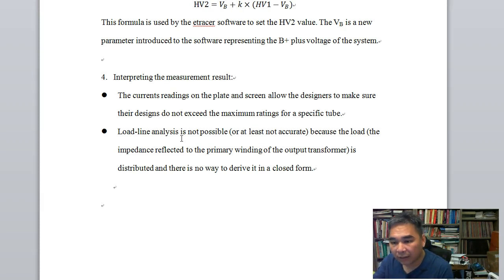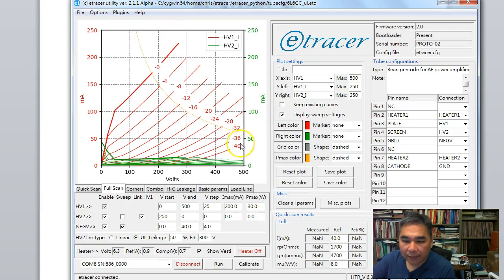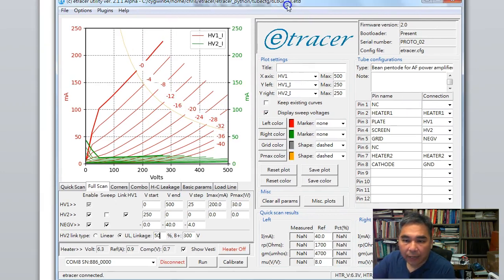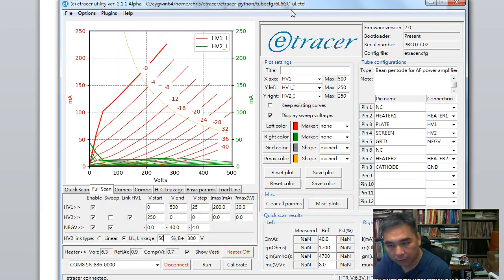So we cannot write the load in a closed form, and because of that, we cannot run a single straight load line and perform load line analysis to derive the output signal, the voltage swing, the distortion, that kind of stuff. So that's not possible. The scan is done, and that concludes my presentation for this video.